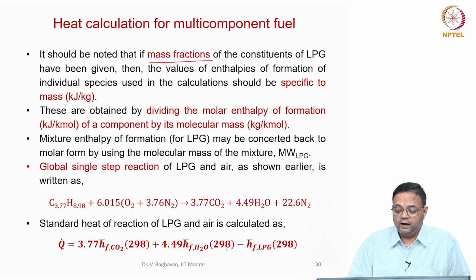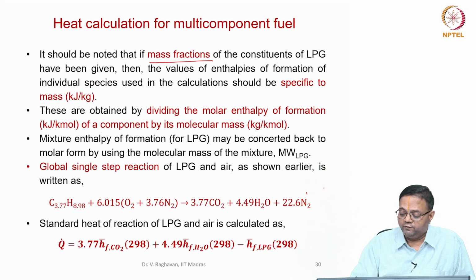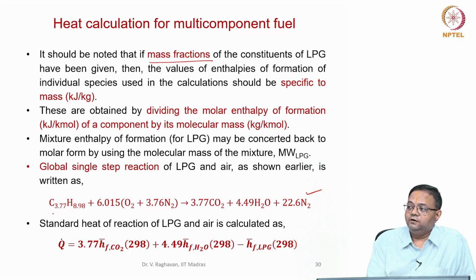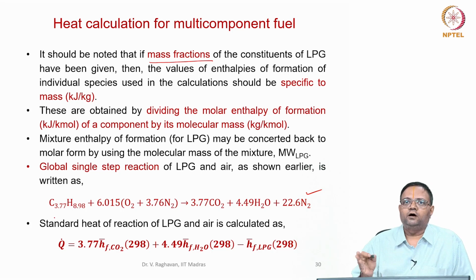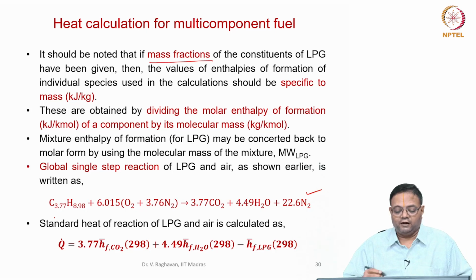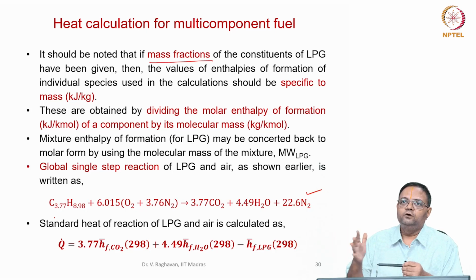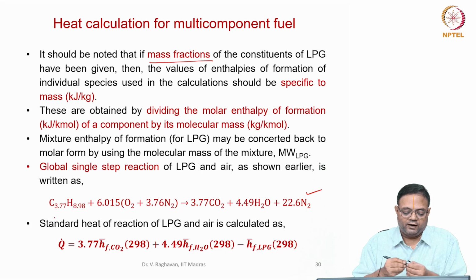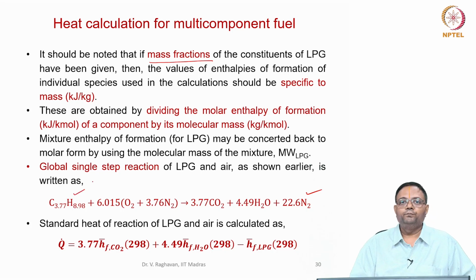Then you can use this global equation where I have written C 3.77 H 8.98. How do I get this? First convert the components into 1 kilomole of fuel and add all the C atoms and H atoms. I get this formula. Note that it's not an integer.